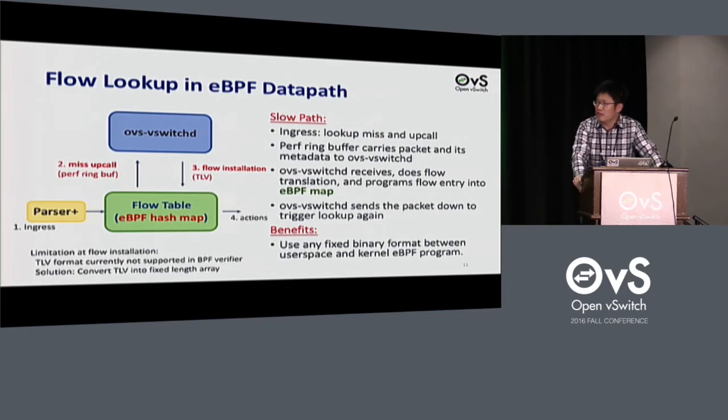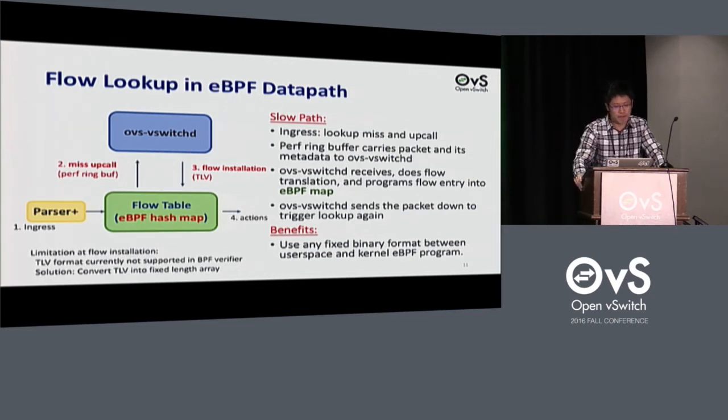Here, because eBPF doesn't support a netlink interface, but it supports perf ring buffer, the perf ring buffer is a mechanism for you to put the packet along with its metadata into the ring buffer, so that your user space program like OVS vswitchd can receive it, and then it will do the same thing. It does flow translation, and in the end, it will install the flow into our tables.